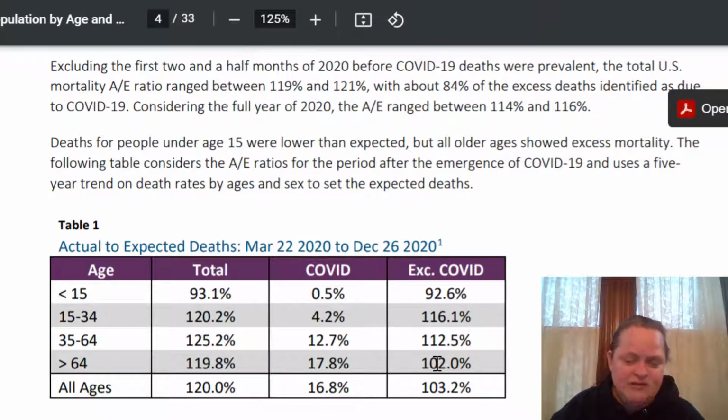For the seniors, there's not a lot of residual excess mortality, and that 2% may be a lot of undetected COVID. Could be. That said, for the younger adults, so 15 to 34, there's still 16% excess mortality even after removing COVID, and 35 to 64, about 13%.